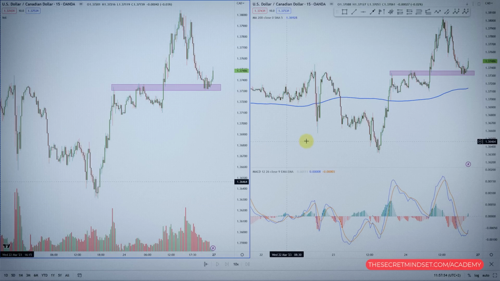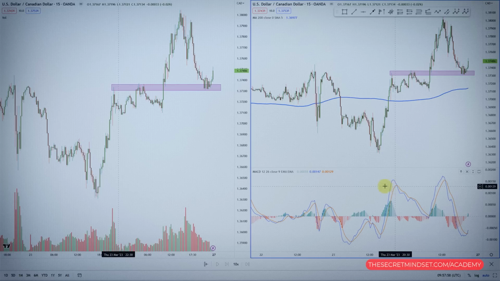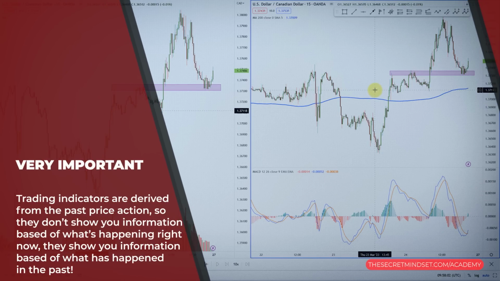The same is true when trading with indicators. If you apply 4 or 5 indicators and 5 moving averages on a chart, you can quickly clutter up your screen. Remember that trading indicators are derived from the past price action, so they don't show you information based off what's happening right now. They show you information based off what's happened in the past.